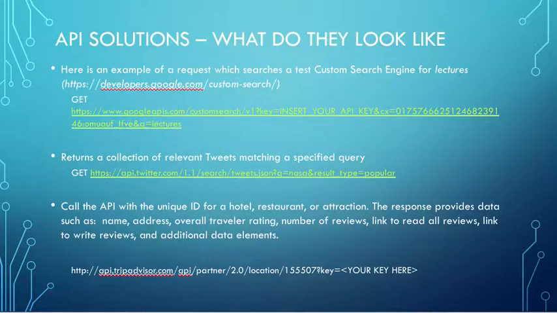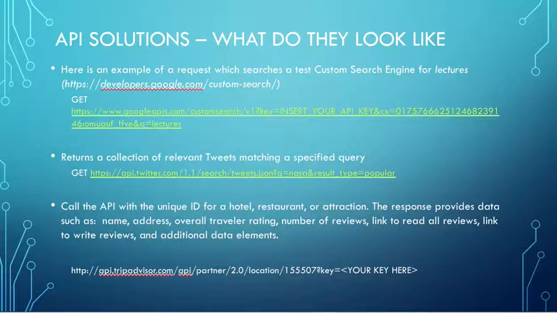So what do they look like? API based solutions generally look like a URL. It will have a query parameter, which allows users to add any value, and this value can be anything.